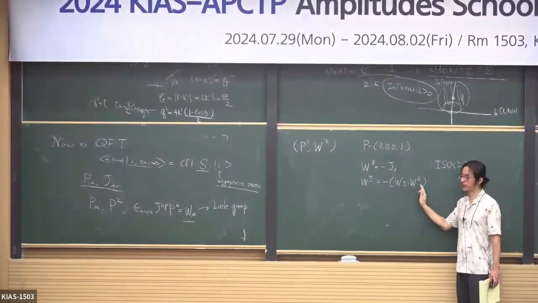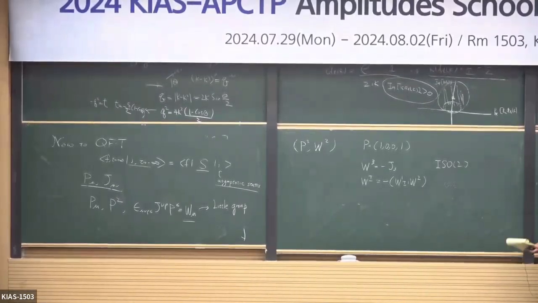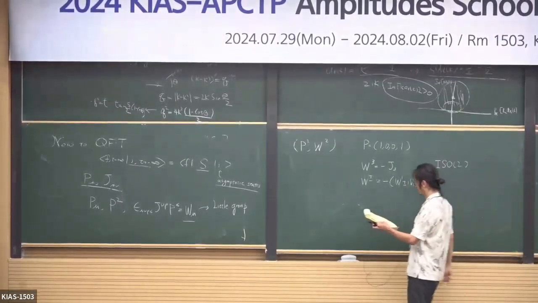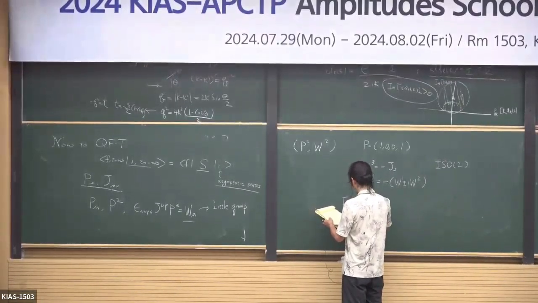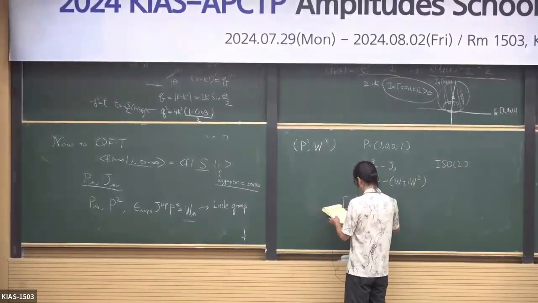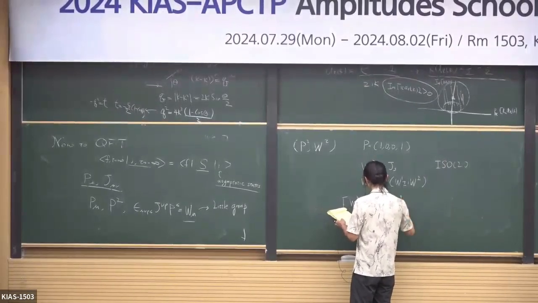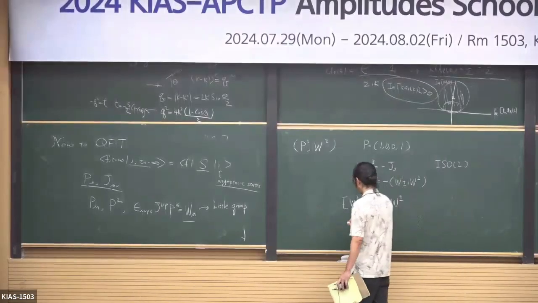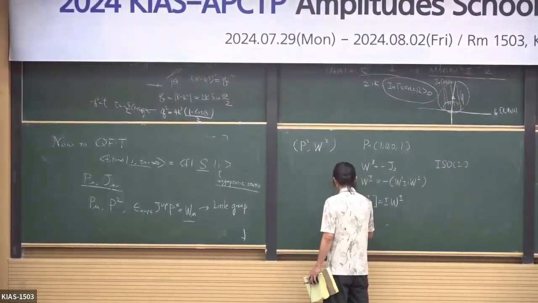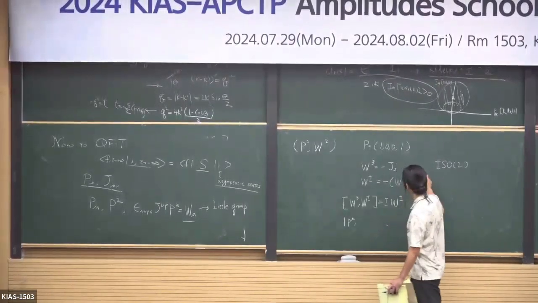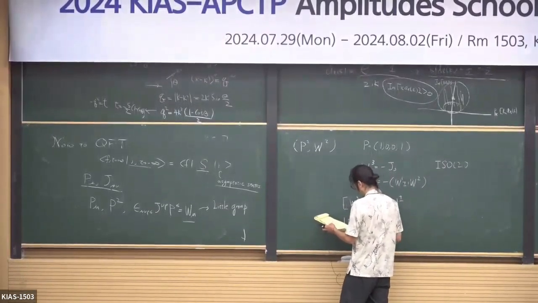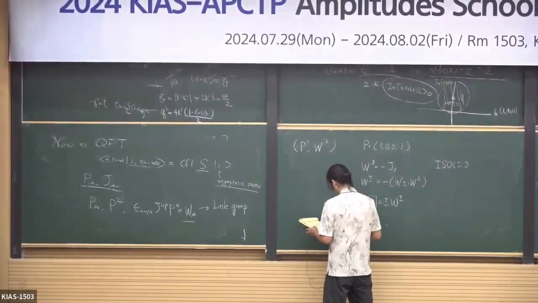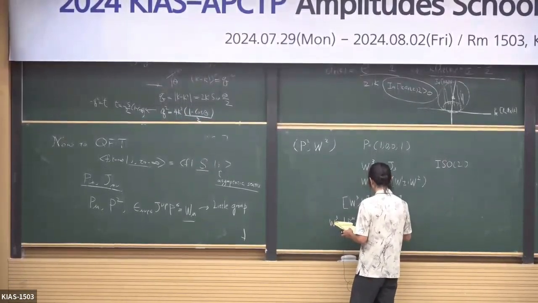Okay, you can view this as a translation in the two direction. And their commutator algebra is [W3, W±] = ±W±, which means that if you set up your state as a momentum eigenstate and an eigenstate of your J3, which we call the helicity, then W3 acting on |p,h> gives h times |p,h>.